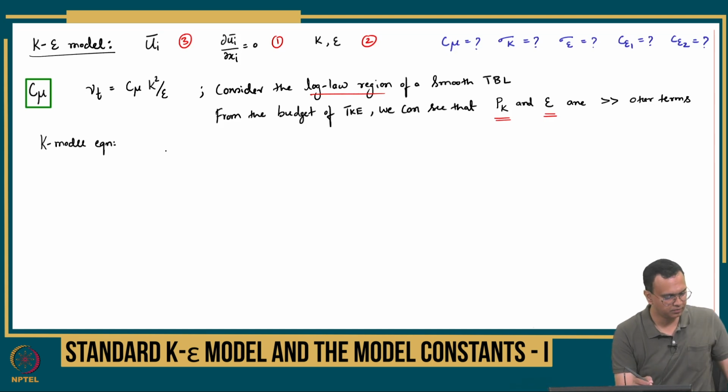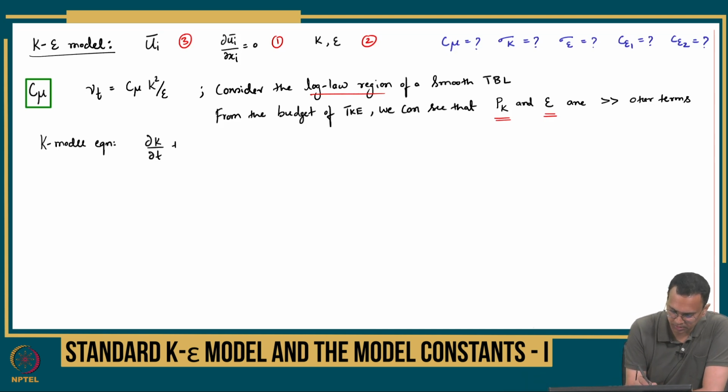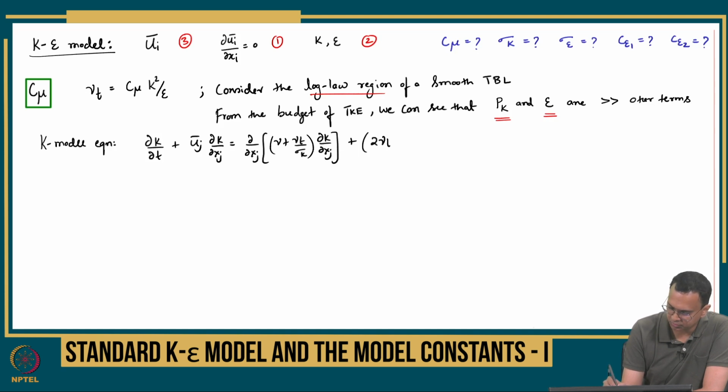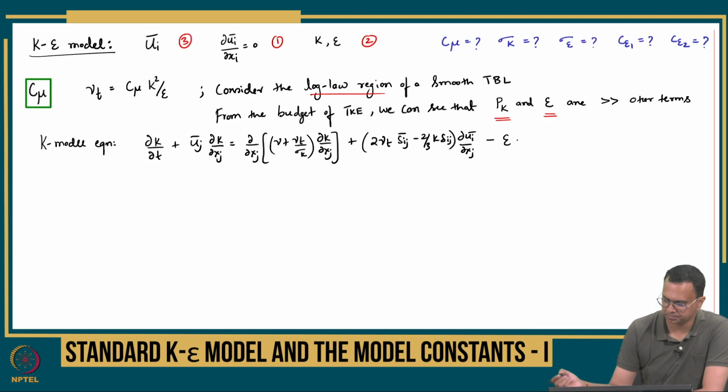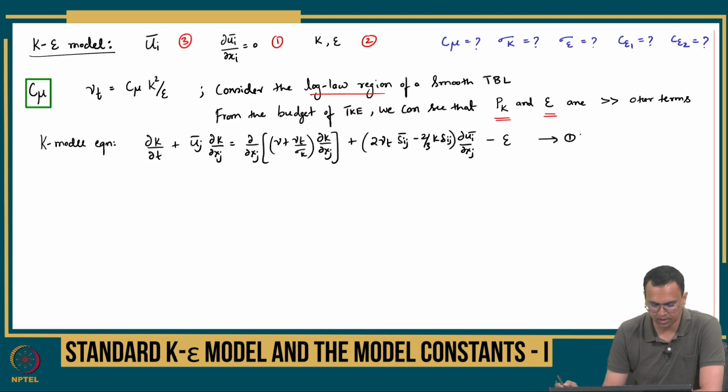We already have that equation that we derived, which is dou K by dou t plus uj bar dou K by dou xj equal to dou by dou xj of nu plus nu t by sigma K dou K by dou xj, I am just rewriting what has been already done, plus your production rate term, which is 2 nu t Sij minus 2/3 K delta ij times your mean strain rate, minus epsilon. So this is your K model equation.